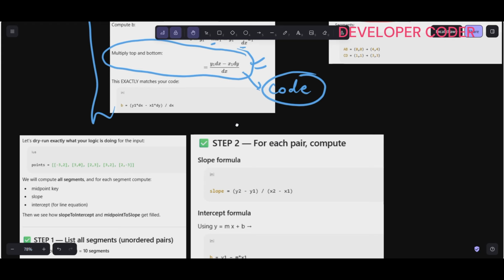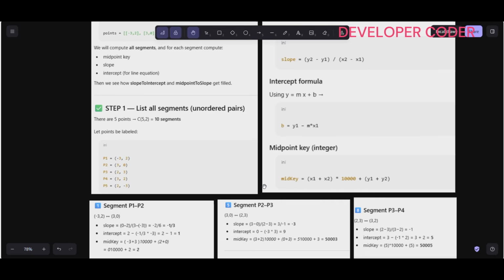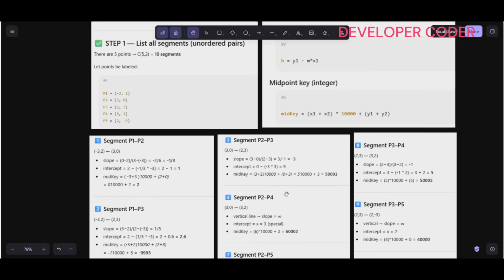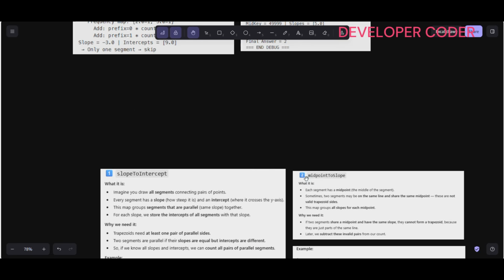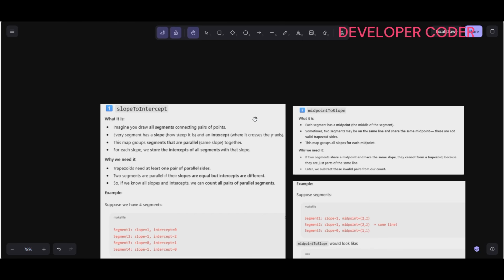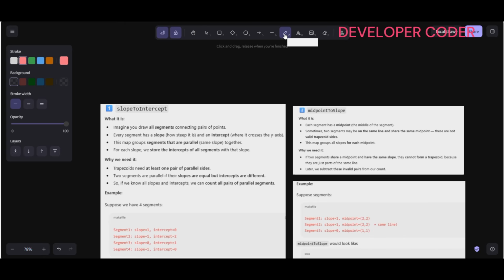Now I'm going to show you the dry run. Before the dry run, I'm giving some debug statements. I'm going to use these two words in my code: slope to intercept and midpoint to slope. What is slope to intercept?